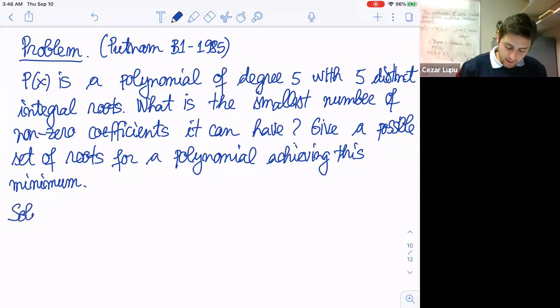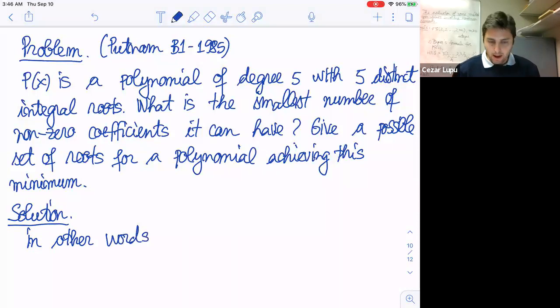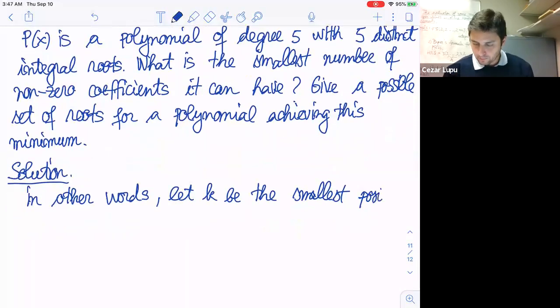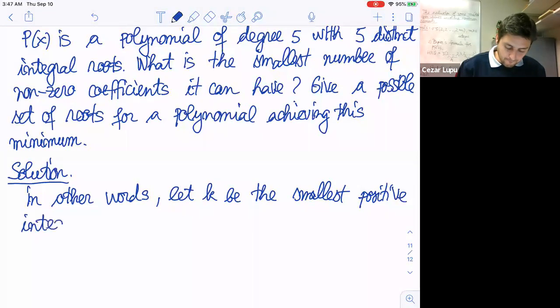Well, let's explain it a bit. In other words, let us consider, let k be the smallest positive integer with the following property.